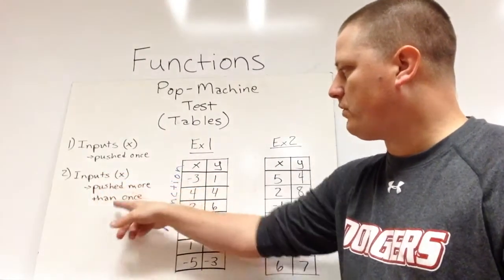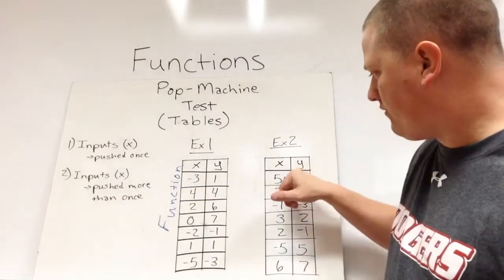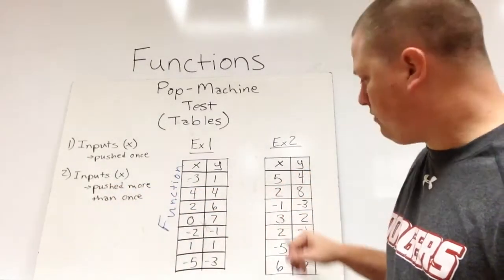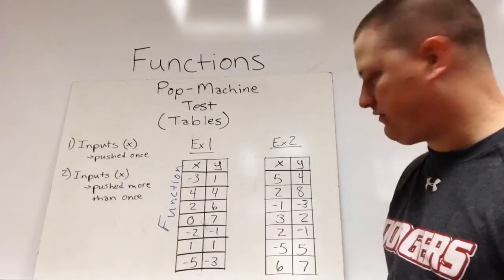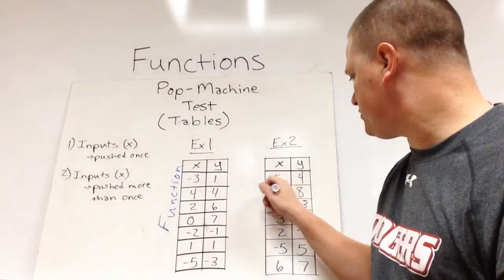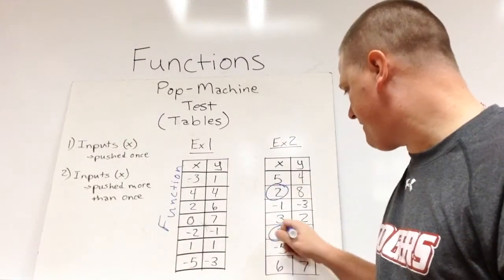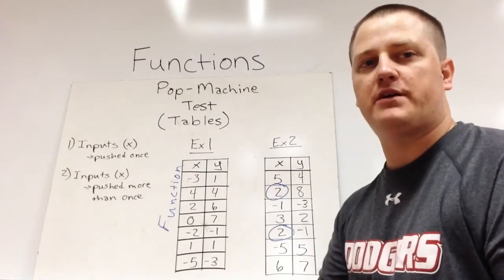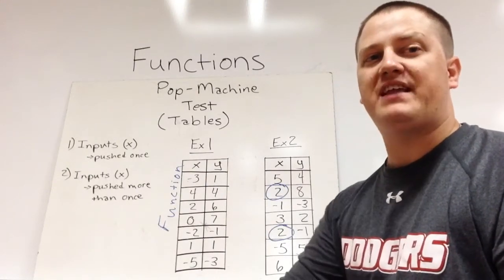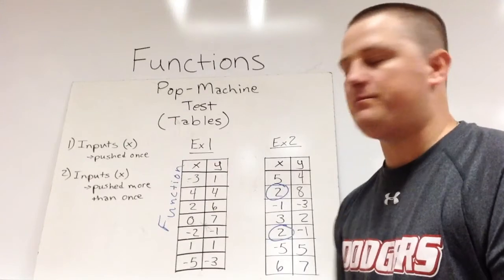Let's look at example 2. Inputs pushed more than once. So 5, 2, -1, 3, 2, -5, 6. Notice we pushed 2 twice. So since we pushed 2 twice, for it to function properly, we have to get the same answer both times.